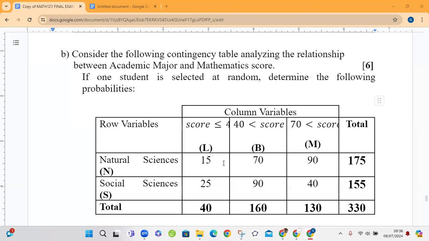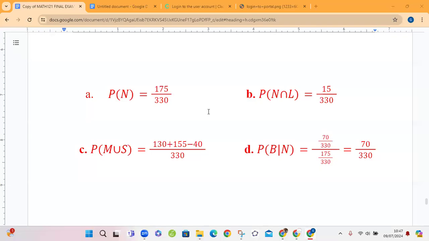So these values, 15, 70, 90, 25, 90, and 40 are the intersections. So having analyzed the meaning of each of these numbers, we can solve part A, which says find the probability that, what is the probability of N?